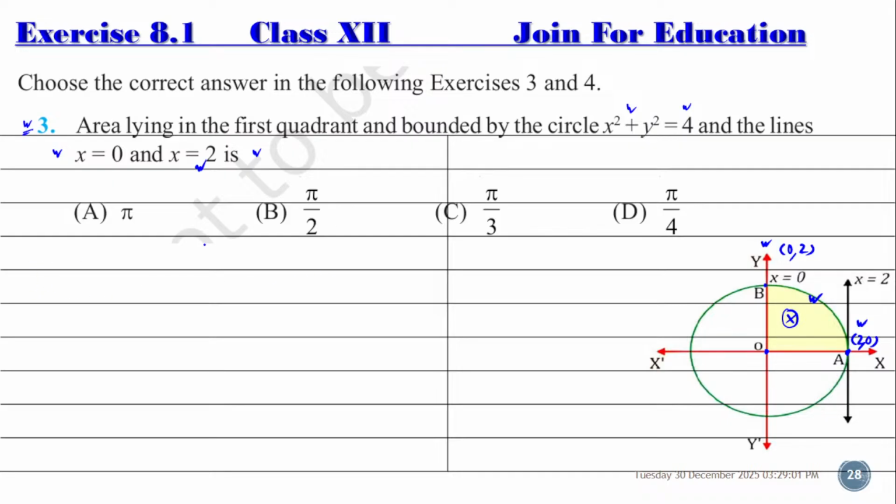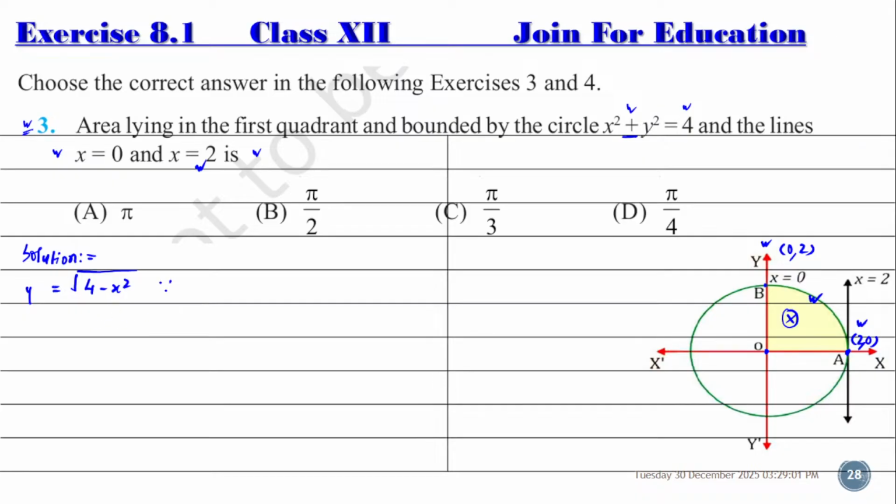So we find the value of y from the equation of the circle. Let's see the solution. So here y equal to, write down directly here, square root of 4 minus x square. Is there any problem understanding?